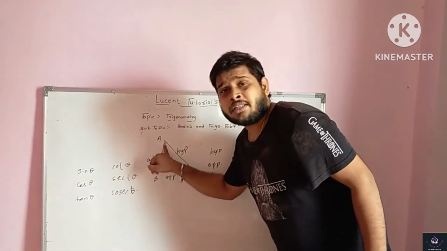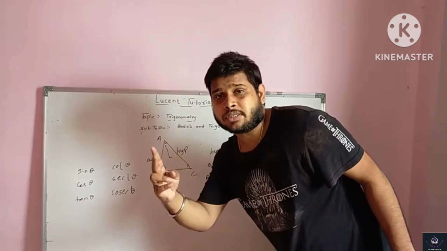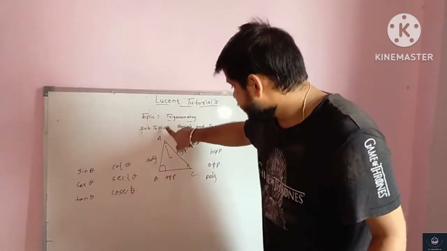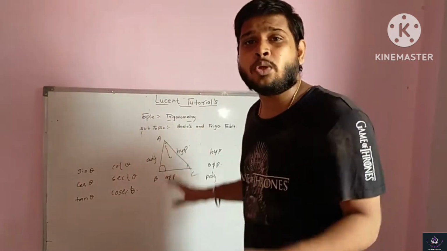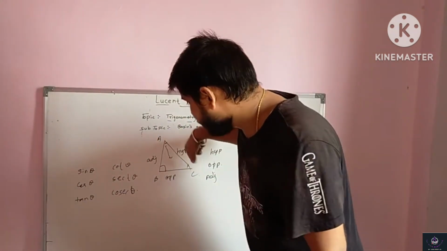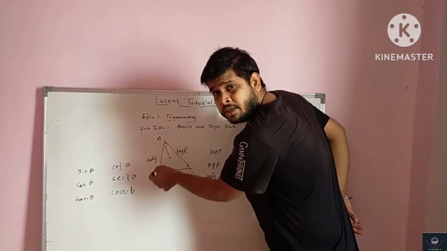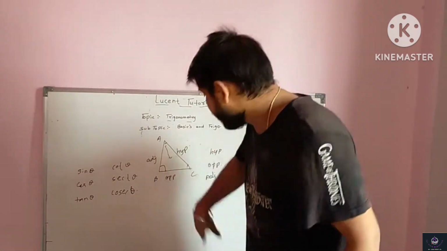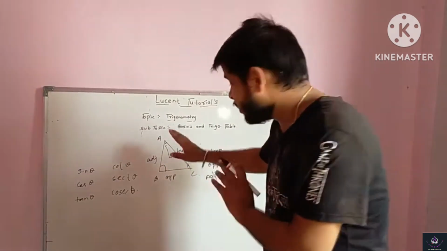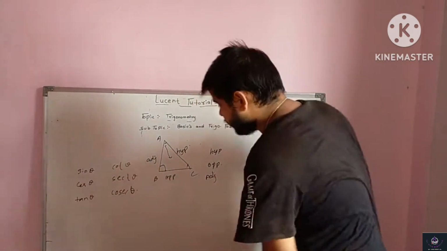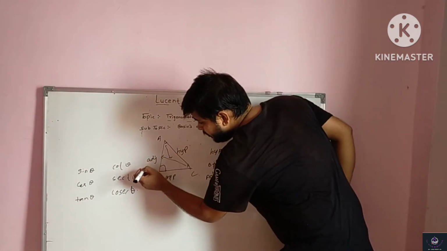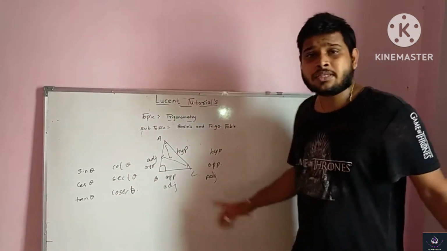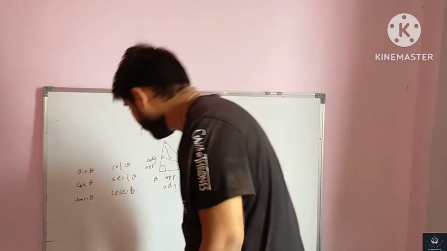Angle A has two adjacent sides, one is AB, another one is AC. But since AC is the hypotenuse, which is fixed, the adjacent side should be AB, and the remaining side should be opposite. Similarly, when I am talking about C, the opposite side should be AB, and this one is the adjacent side.